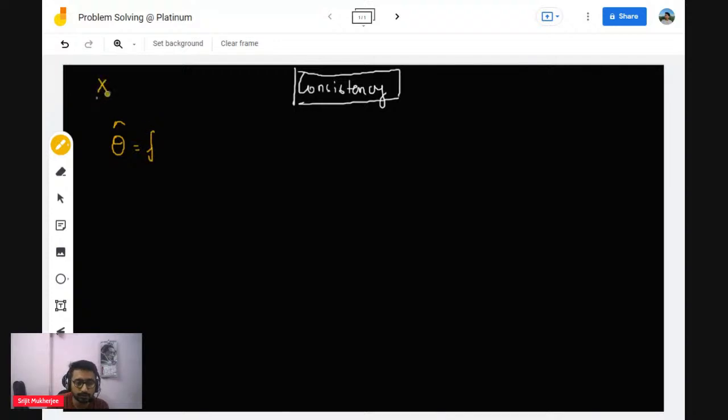The sample is X vector, X1 to Xn. This is an estimator theta hat, which is a function of the sample. Now, the goal is the following: the good property is that we must show that this is close to theta in some sense. So how do we show that?